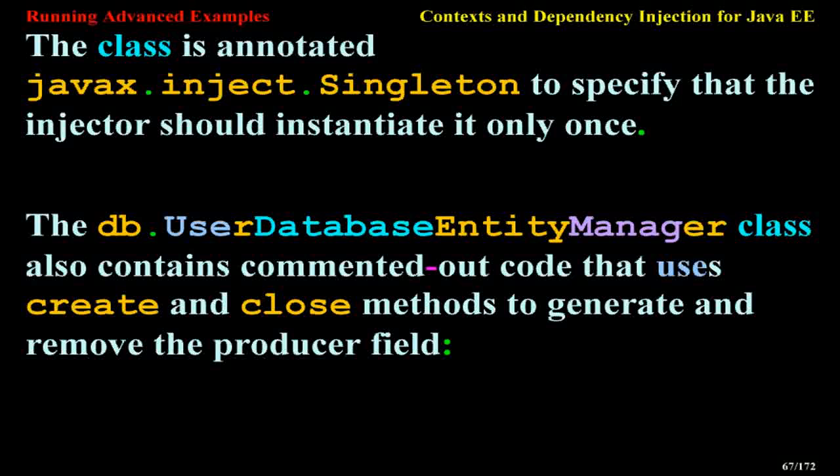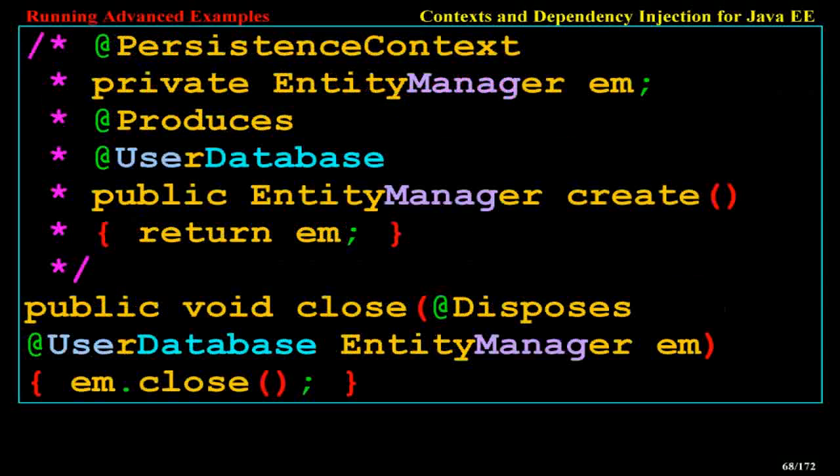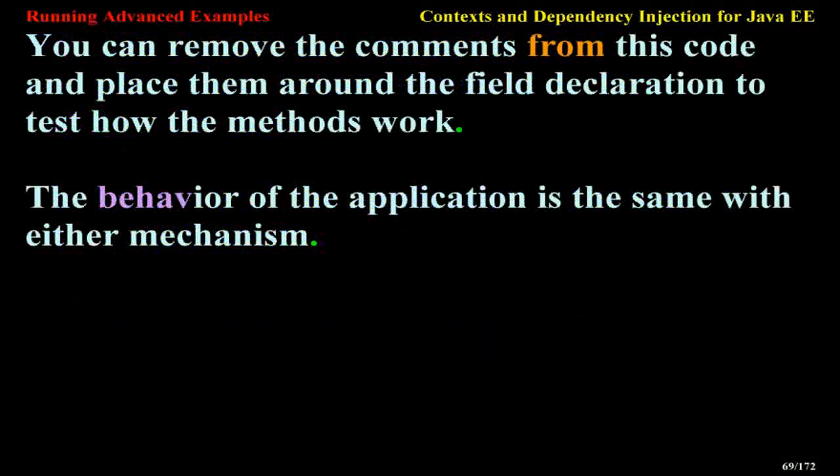The db.UserDatabaseEntityManager class also contains commented-out code that uses create and close methods to generate and remove the producer field. @PersistenceContext private EntityManager em; @Produces @UserDatabase public EntityManager create() { return em; } public void close(@Disposes @UserDatabase EntityManager em) { em.close(); } You can remove the comments from this code and place them around the field declaration to test how the methods work. The behavior of the application is the same with either mechanism.